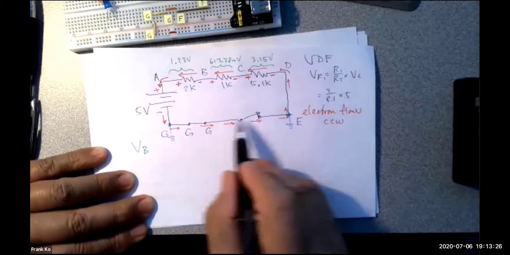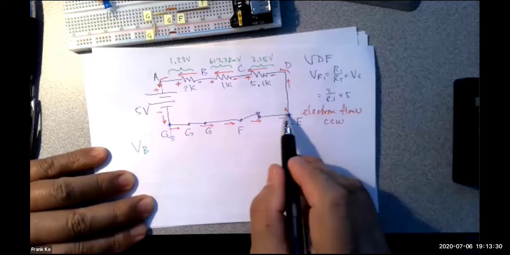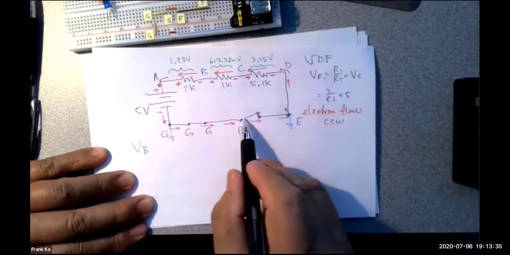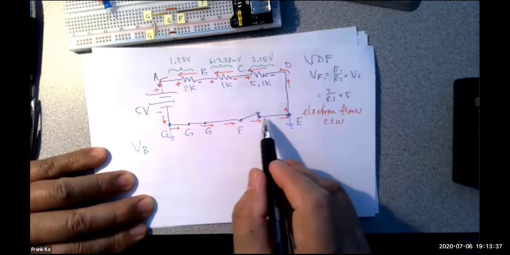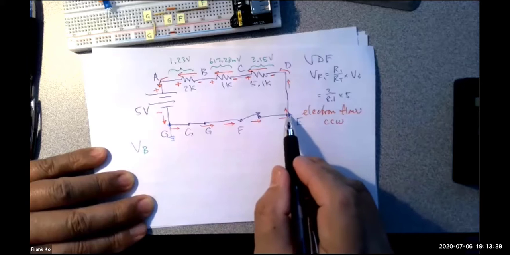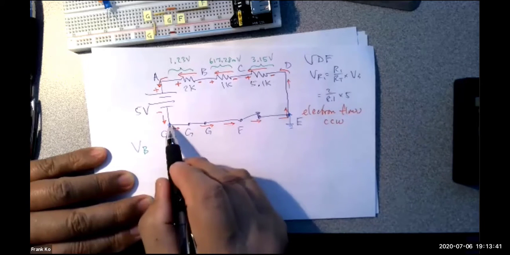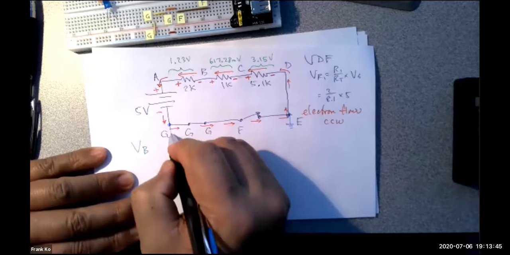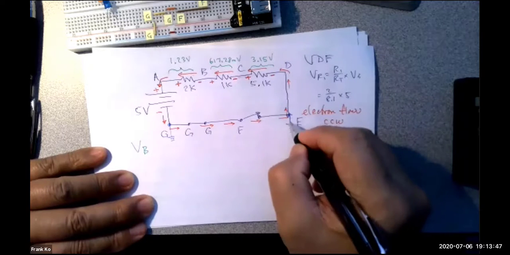Is point G and point E physically connected to each other? Yes. Is there any resistor between them? No, it's only wires. This is a jumper wire. A jumper wire switch is nothing more than a wire that's closed, and that's a wire. So if I have a point connected to another point and nothing between them, if I state this side is ground, that means this point is also ground.